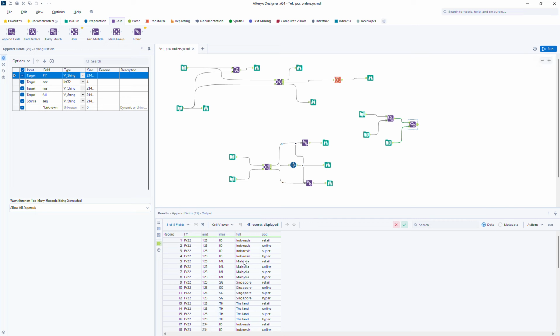Normally you will have this segment like this, and it will apply each segment to all the rows in here.